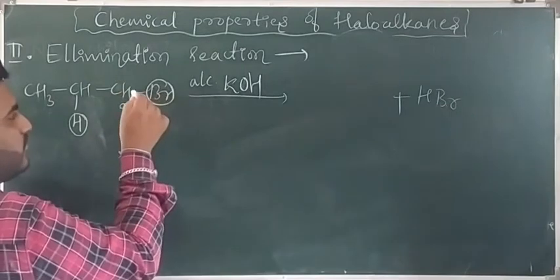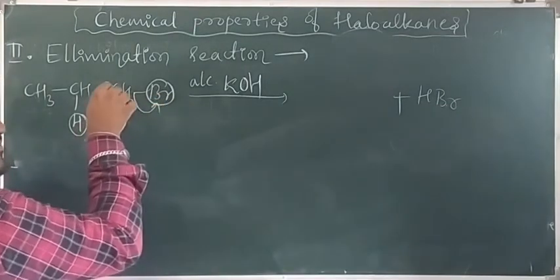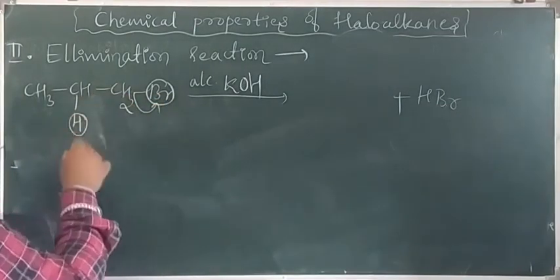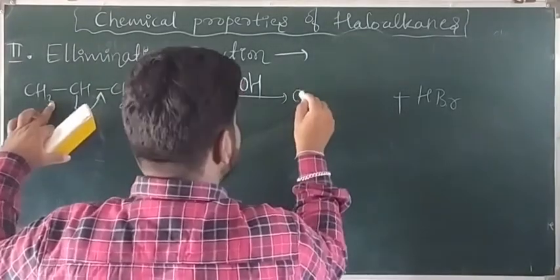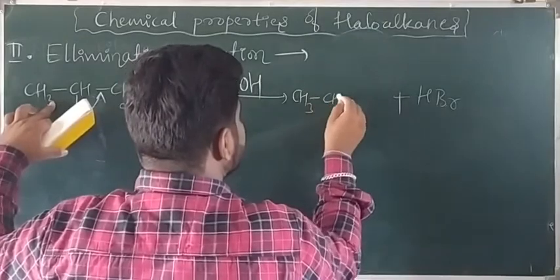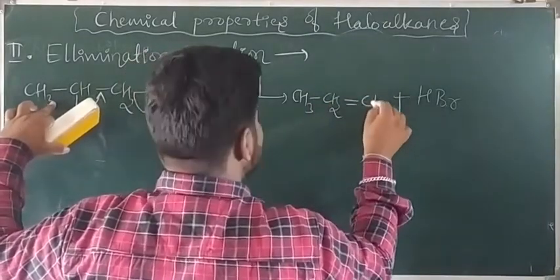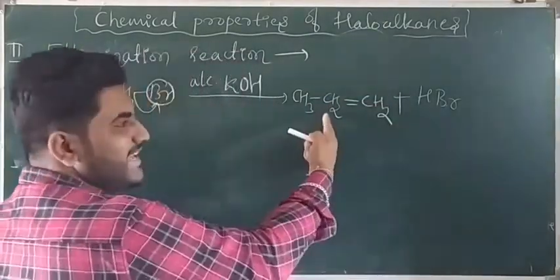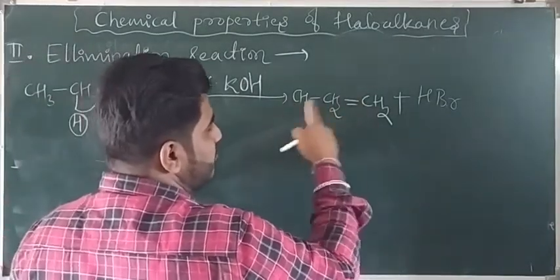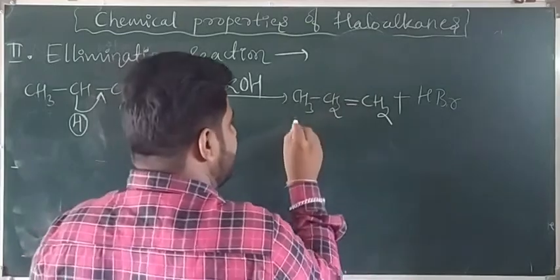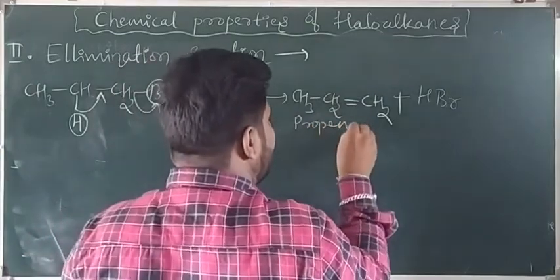Br is more electronegative than carbon, takes an electron and becomes negative. This H is eliminated as H plus, giving an electron and forming a double bond here. So CH3 single bond, CH2 double bond, CH2. A double bond means an alkene is formed. How many carbon atoms? 1, 2, 3. Propene is formed here.